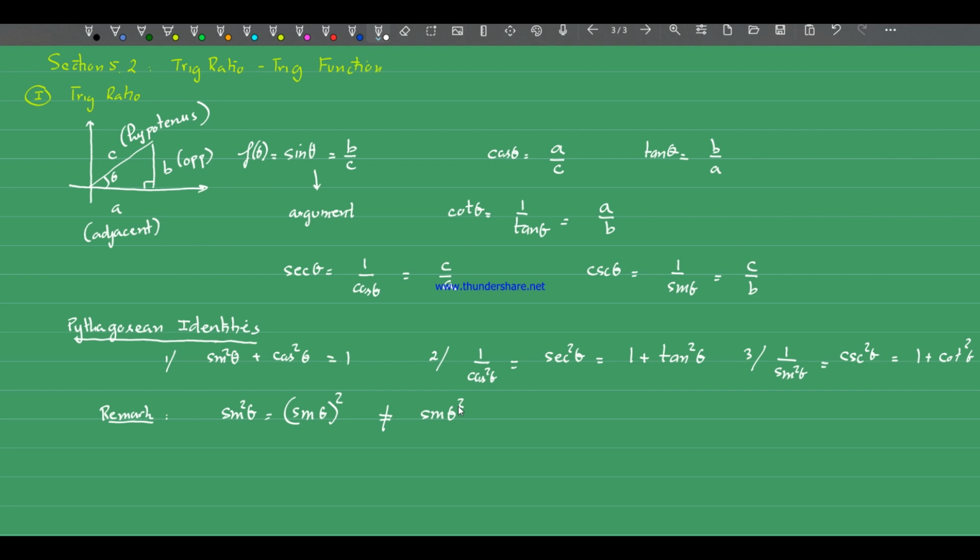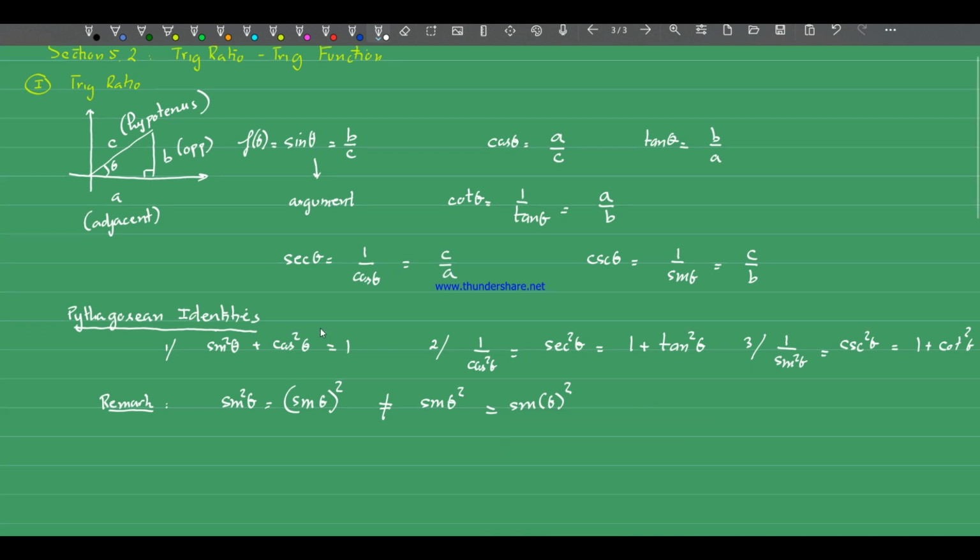If you don't put the parentheses, everything is wrong. So try to pay attention to this notation right here, okay? Because if you omit a parenthesis or put a wrong parenthesis, then the meaning will be totally different.